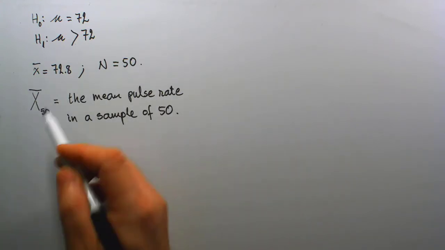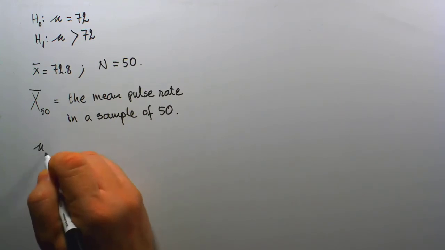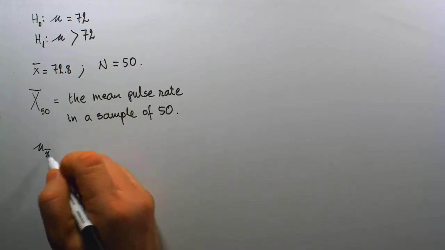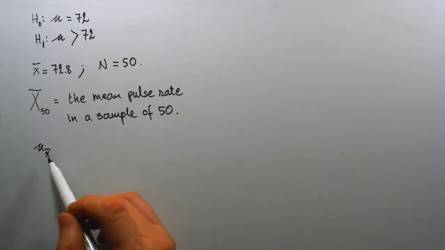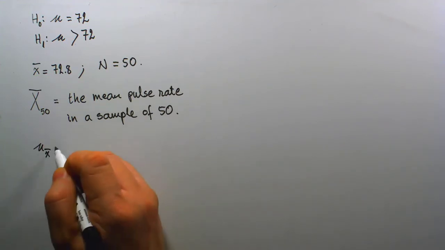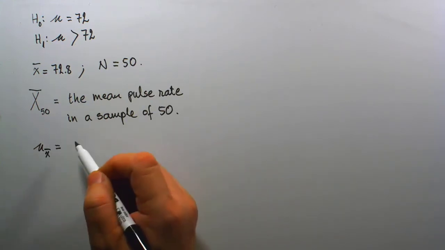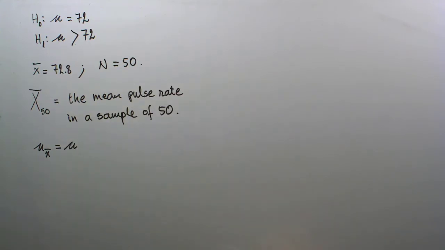And so there will be a population mean of all sample mean values right here. Notationally, this is mu with a subscript X bar. The central limit theorem that we have learned states that mu X bar is always going to be equal to mu.